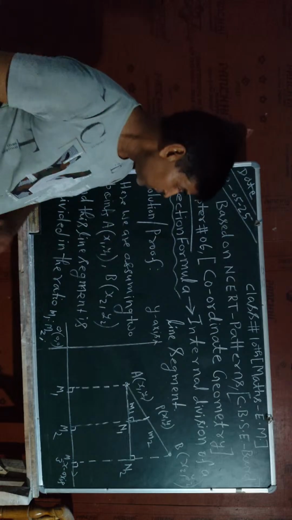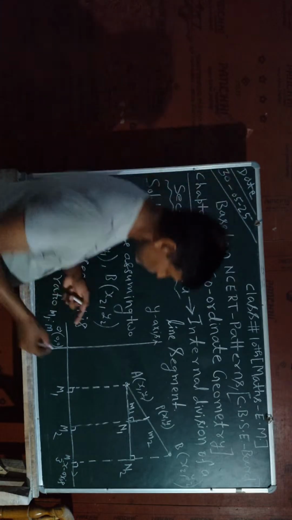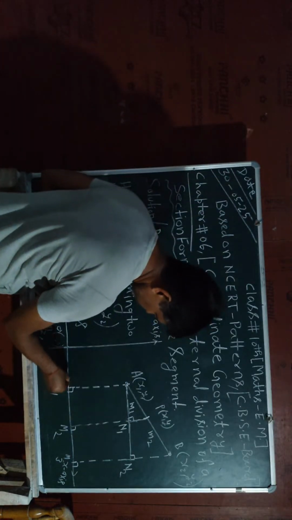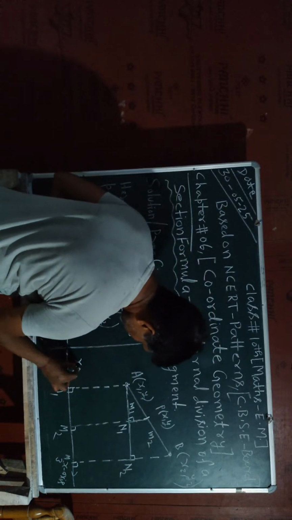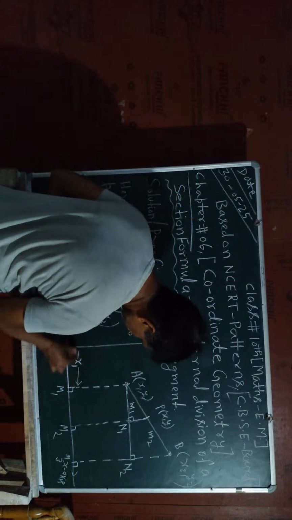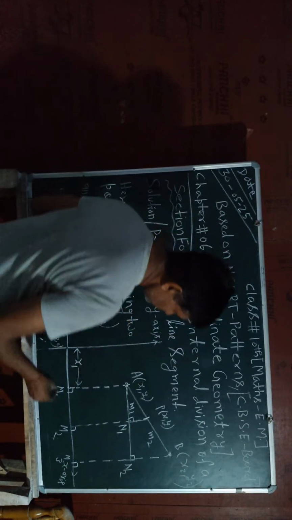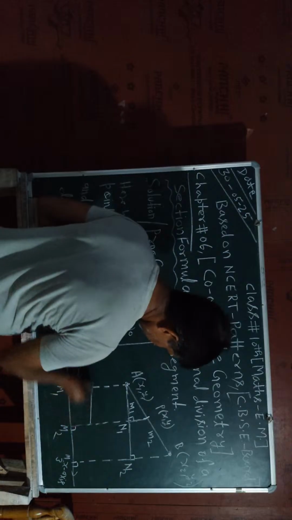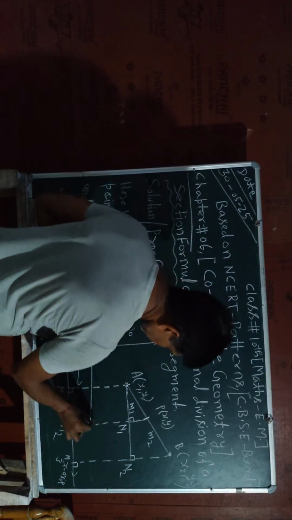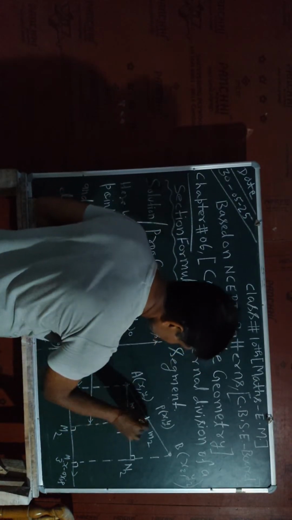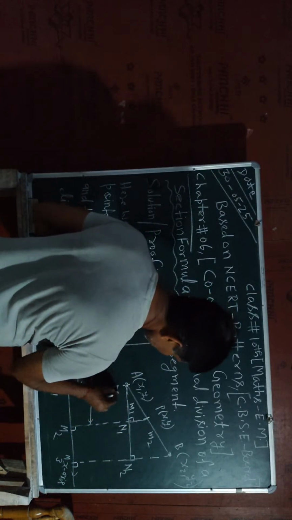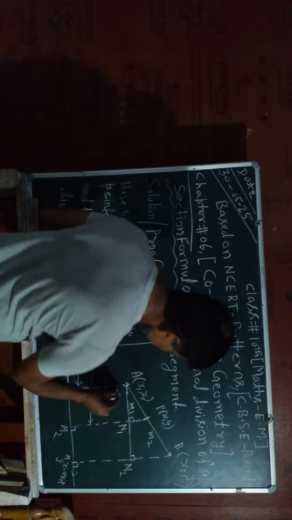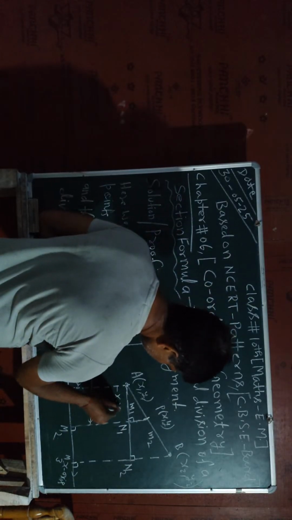I know very well. So from this point to this point, the length will be x1. Similarly, from this point to this point, the length will be given x, so this length will be x minus x1.